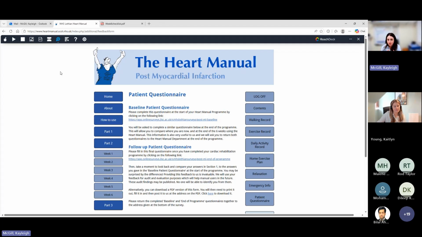So some examples of what ReachDeck can do is it can read text aloud, it can convert text into a visual format, it can change the colour of the text itself and the background of the digital manual to make the manual more user-friendly for patients with dyslexia, for example. And yeah, it just really tailors the digital manual to meet specific needs of patients.